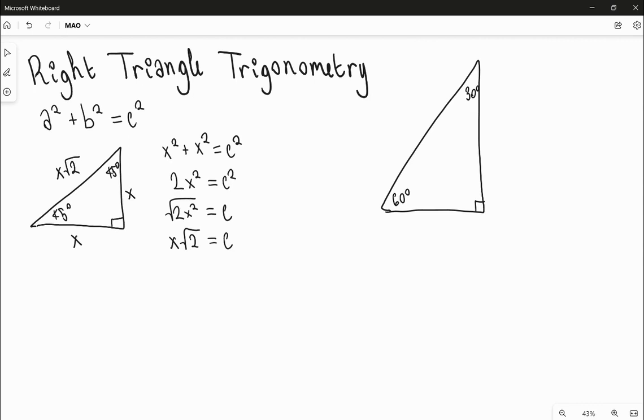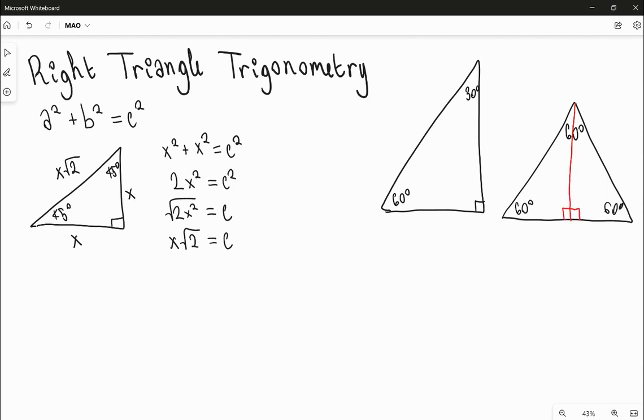For a 30, 60, 90 triangle, it's kind of similar, but a little bit more complicated. When you have an equilateral triangle, each vertex is 60 degrees, 60 degrees, 60 degrees. But in order to get a 30, 60, 90 triangle, we can split it straight down the middle.